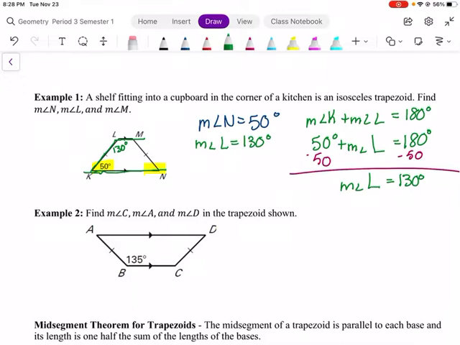And because this is isosceles, the measure of angle M is also going to be 130 degrees, which is the last part of our problem. So now we have found all 3 angle measurements that we were asked to.